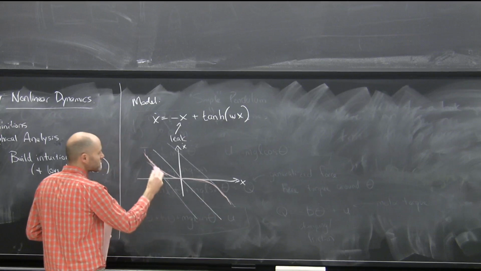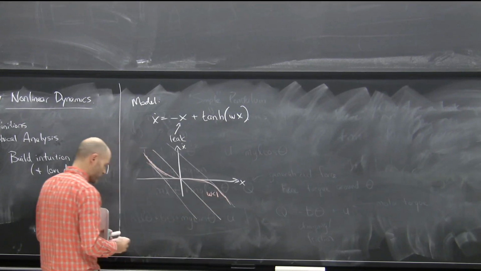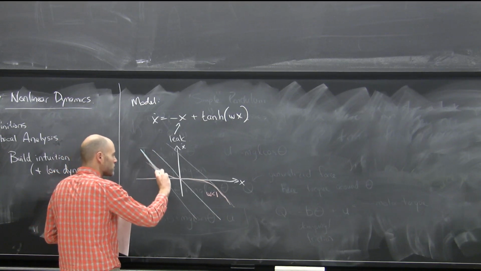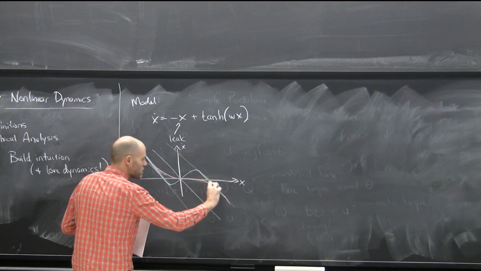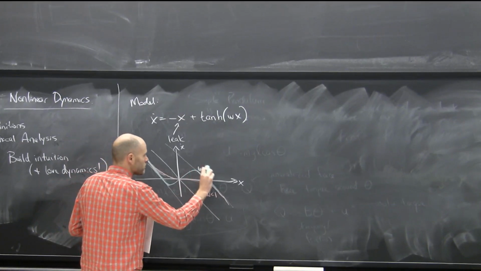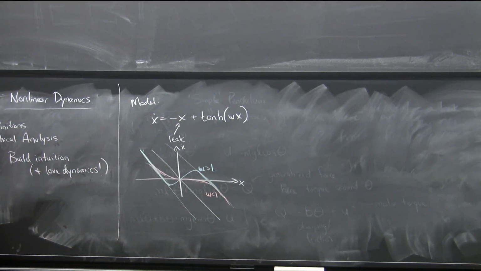In particular, it looks like this when w is less than 1, and it looks a little different when w is greater than 1. Okay?